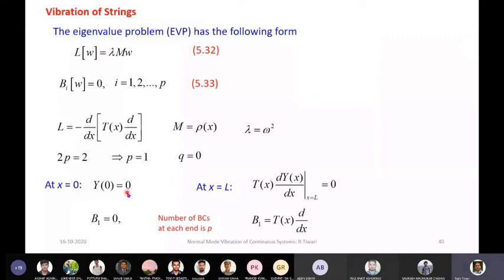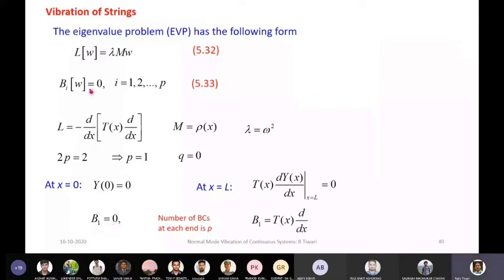At X is equal to L, this component is 0. So here also only one boundary condition is there because p is equal to 1.